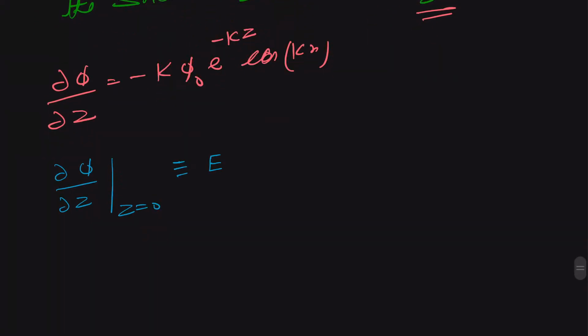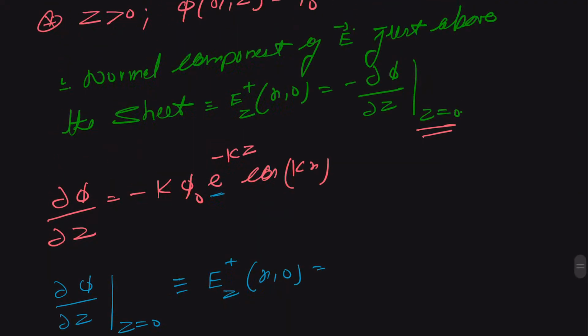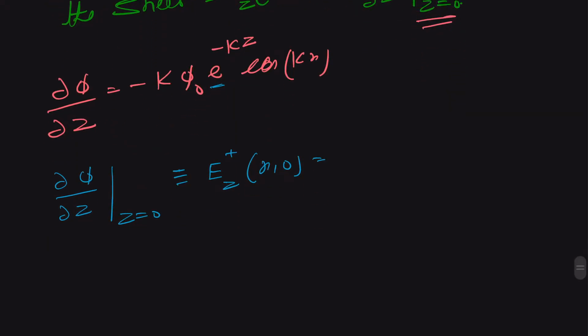So we can say electric field in z direction slightly above the sheet at z equal to 0. We substitute z equal to 0, so this becomes 1, and we have minus minus, which is plus, coming as k cos of k times x.